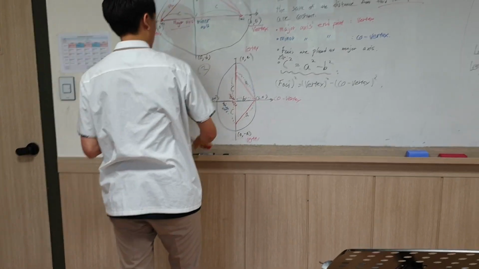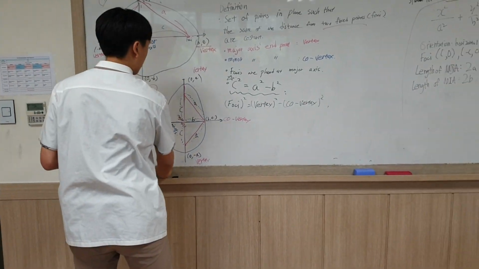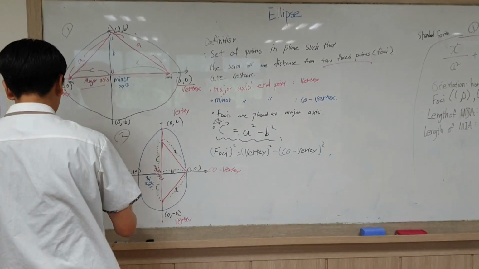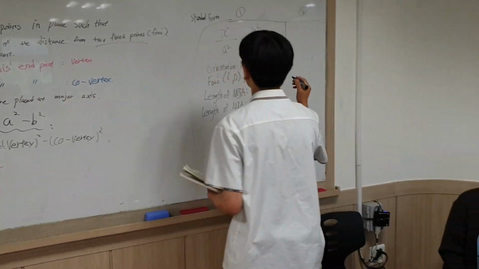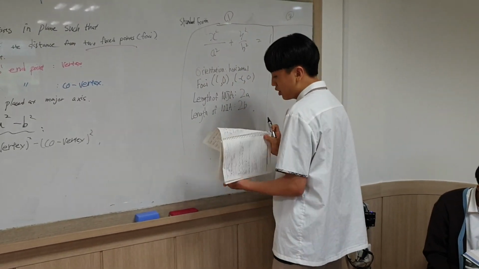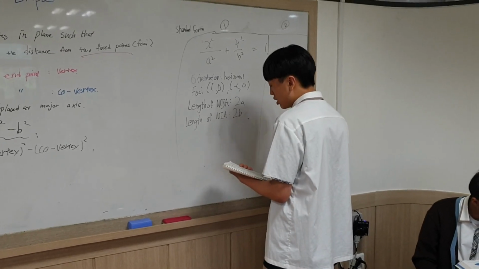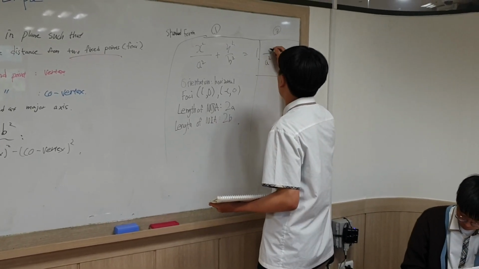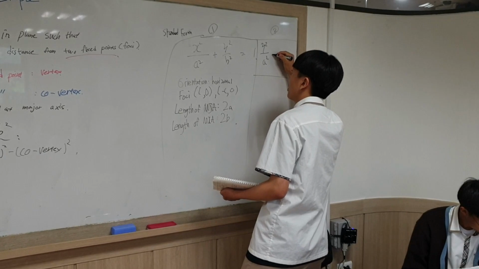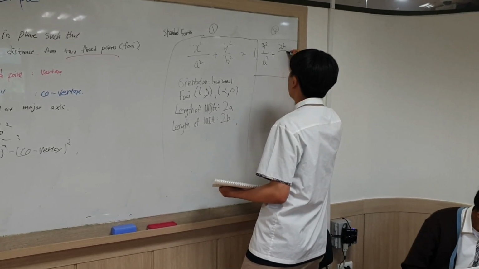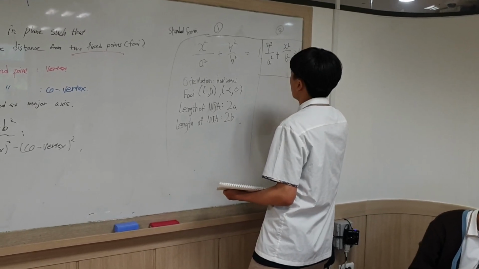So now you could know that for this one, it has a different standard form, and it will be y squared over a squared plus x squared over b squared is 1.